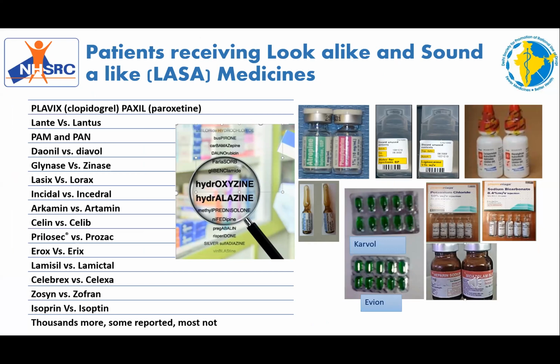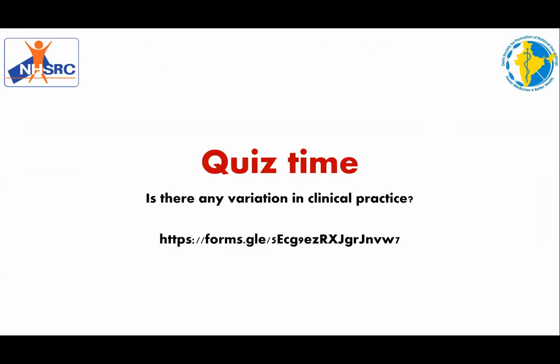You are all aware of look-alike, sound-alikes in parenteral dosage, but don't forget the oral dosage forms. There are many more look-alike, sound-alike pairs in the OPD pharmacy, where the majority of oral dosage forms are dispensed. So I would urge you to go and identify these pairs in the outdoor department as well.